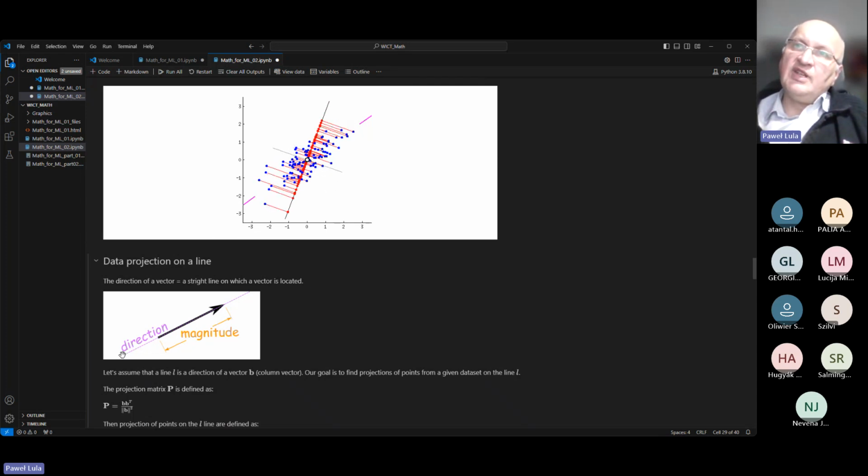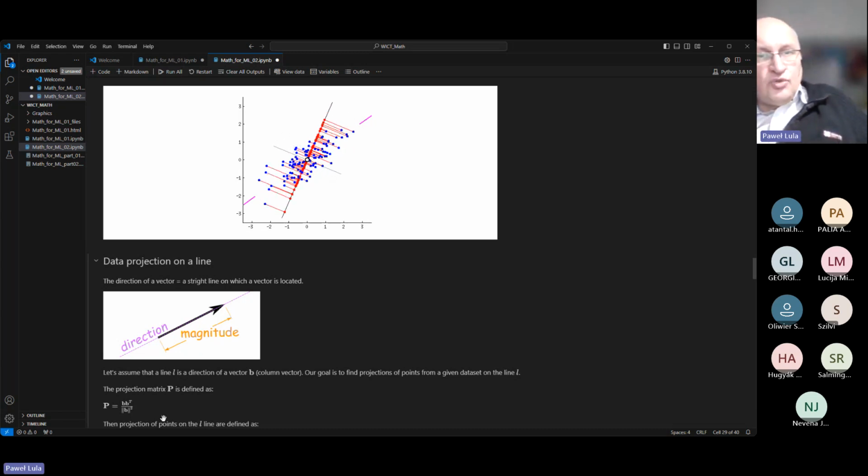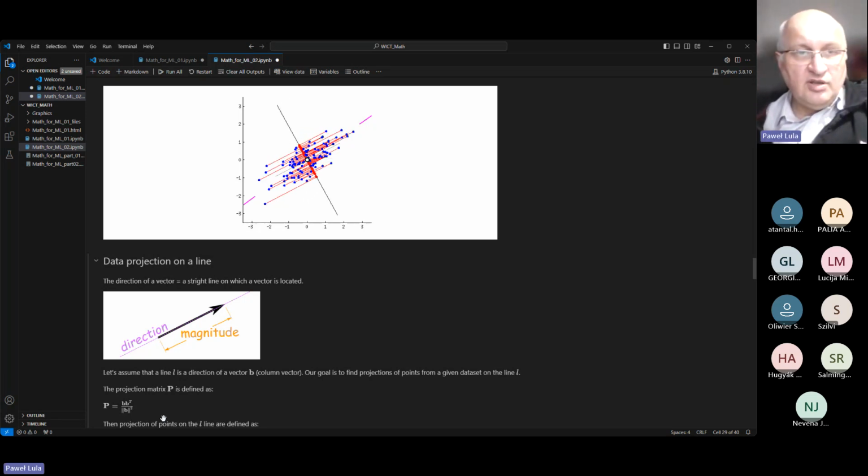Direction means that it is the line on which this vector is located. And we have points, and we want to calculate projections of these points on this vector. So we should define a linear transformation, which allows us to put these points on this line. It means to calculate these projections.